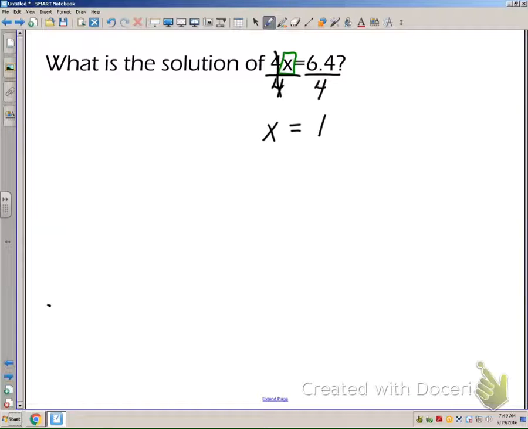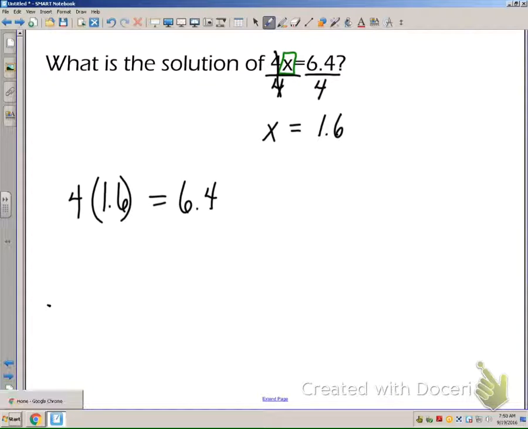So 4 goes into 24 6 times, so 1.6 would be my solution. 1.6. And you can plug it back in and check. Is 1.6 times 4 equal to 6.4? And it is. 4 times 6 is 24, carry 2. 4 times 1 is 4, plus that 2 makes 6, 6.4.